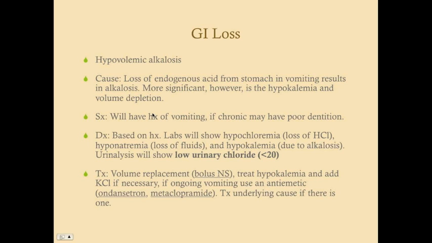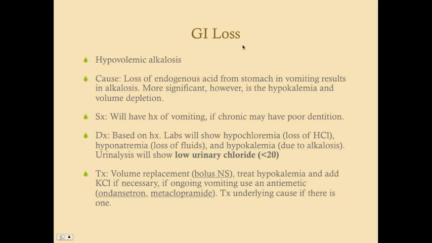You're going to have a low sodium, a low potassium, and a low chloride. So even if it doesn't tell you they have a history of vomiting, if your labs show a low chloride, a low sodium, and a low potassium, your diagnosis, until proven otherwise, is going to be GI loss.